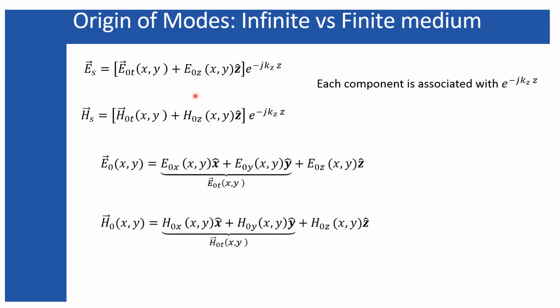Although if you wish, you can write all of these three components by a single vector, you will see later on that there are several advantages if you write in this form. Along with this, one thing I should remind you is that each component of this electric and magnetic field propagates with a similar propagation vector, that is the same speed, since the e to the power minus j kz times z factor is associated with each of these components.